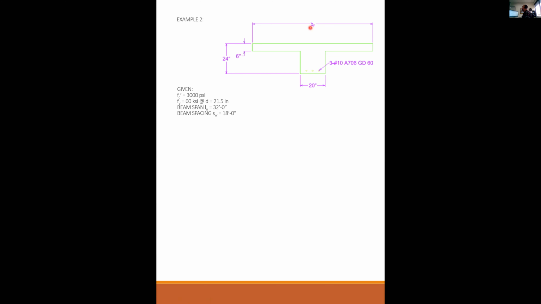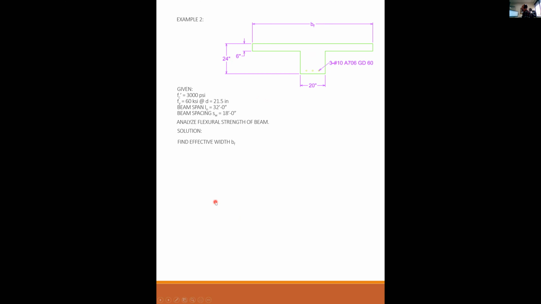Once you decide what the effective width is, this becomes an analysis problem because everything is known. A design problem would be where the area of steel is not known, or the depth is not known, or any combination of those. But this is an analysis problem. So we want to analyze what is the flexural strength of this beam.